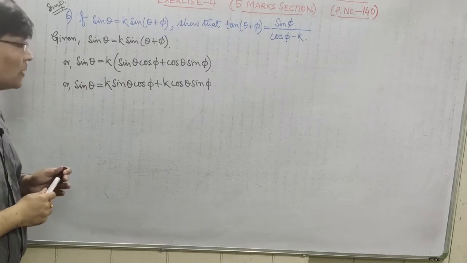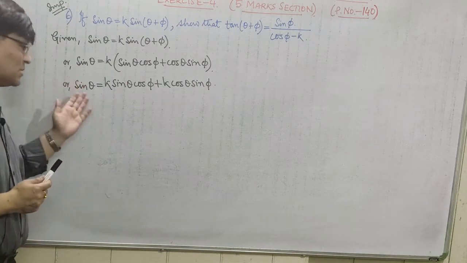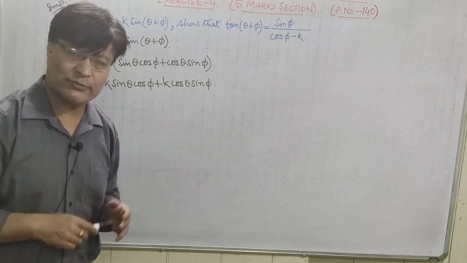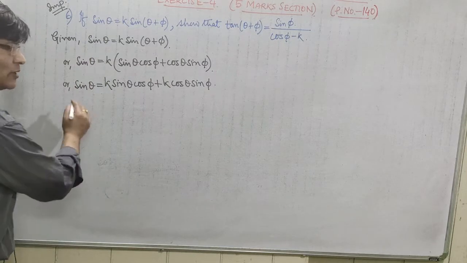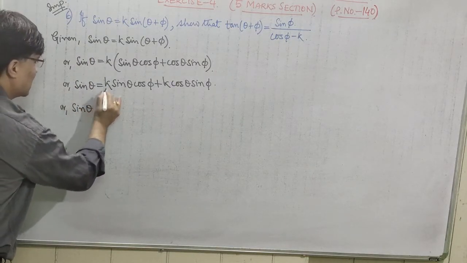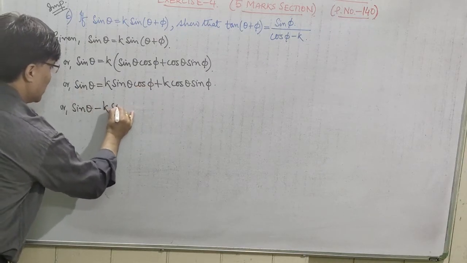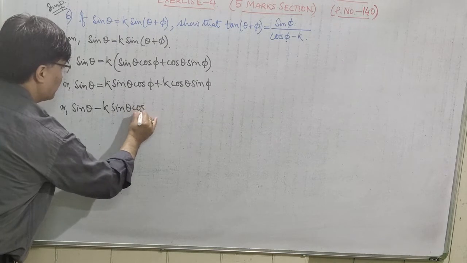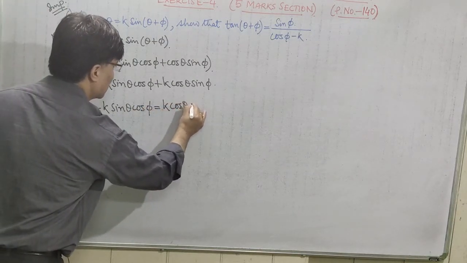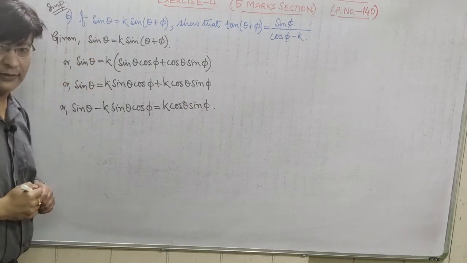Okay. So since we are getting the value for tan θ from here, let us keep the terms containing sin θ on the left hand side. Let us take this k sin θ cos φ to the left hand side. It becomes sin θ − k sin θ cos φ, and on the right hand side we have k cos θ sin φ.